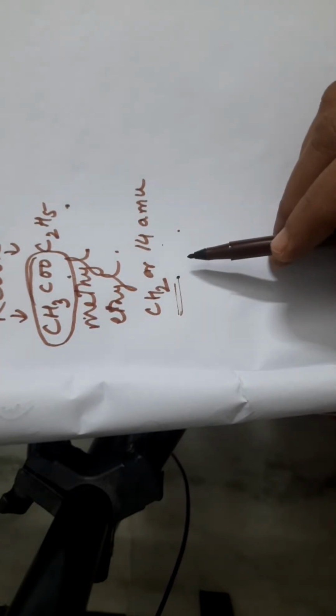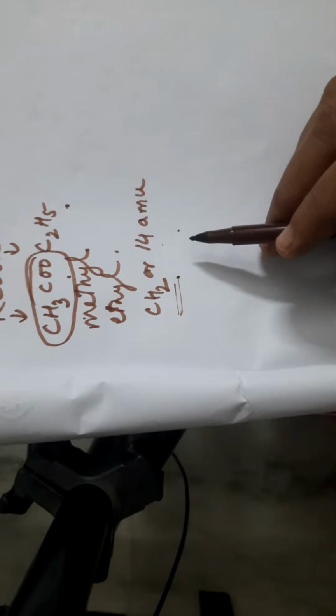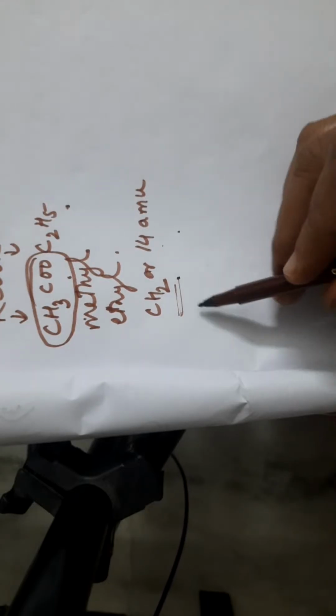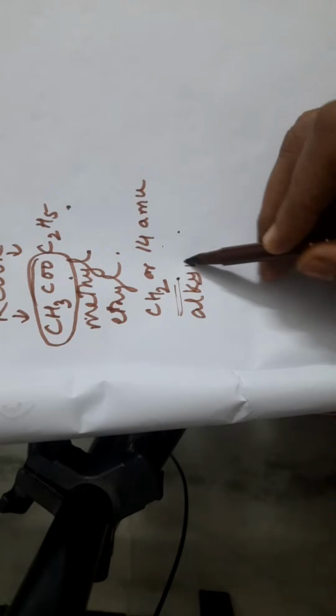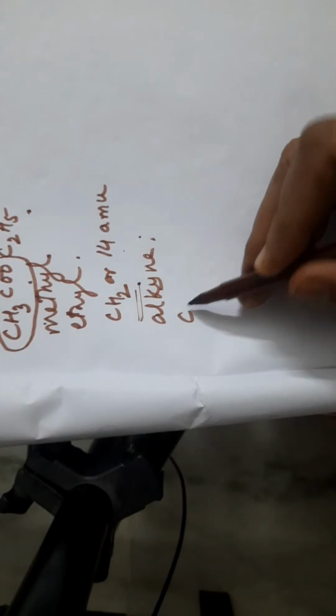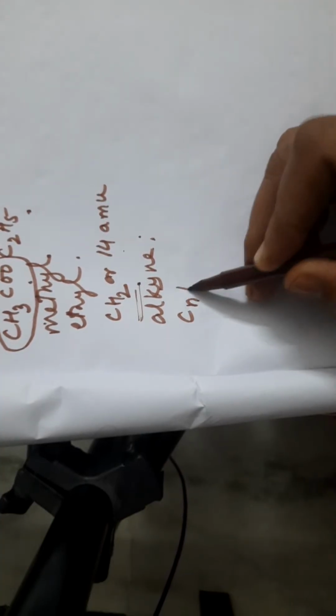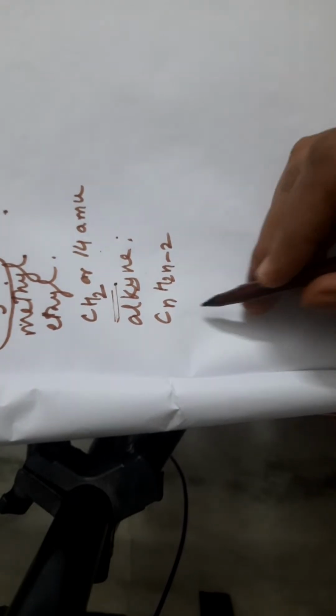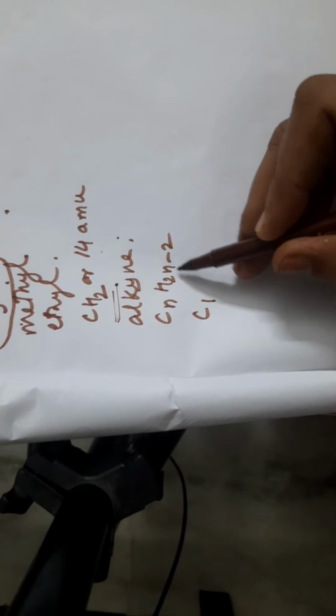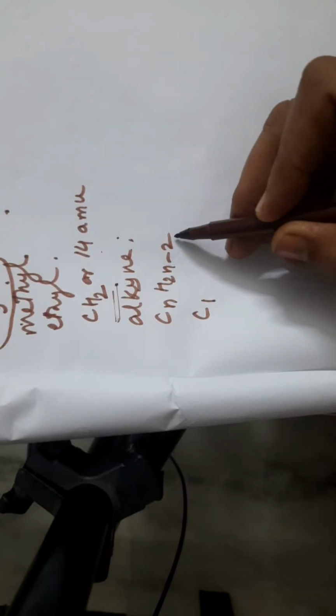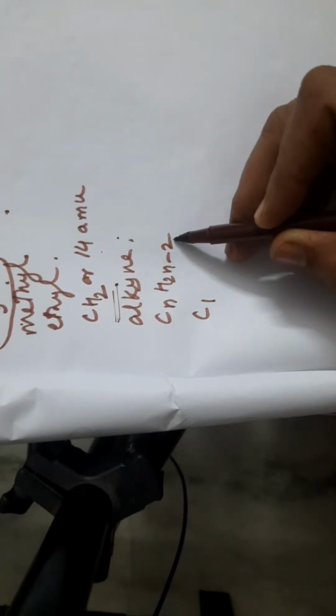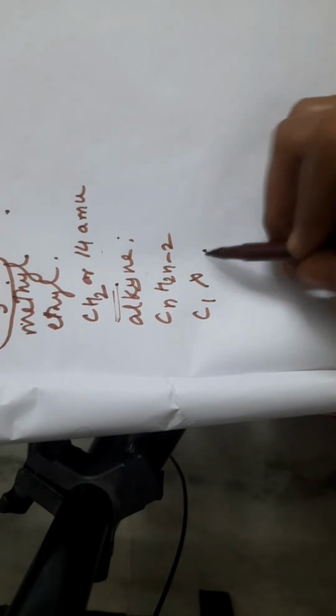If you recall, in the paper it was asked, write the homologous series of alkyne. So if you know the general formula of alkyne, you can make the homologous series. General formula of alkyne is CnH2n minus 2. If we replace n by 1, 2 ones are 2, minus 2, 0. Such a compound is not possible.